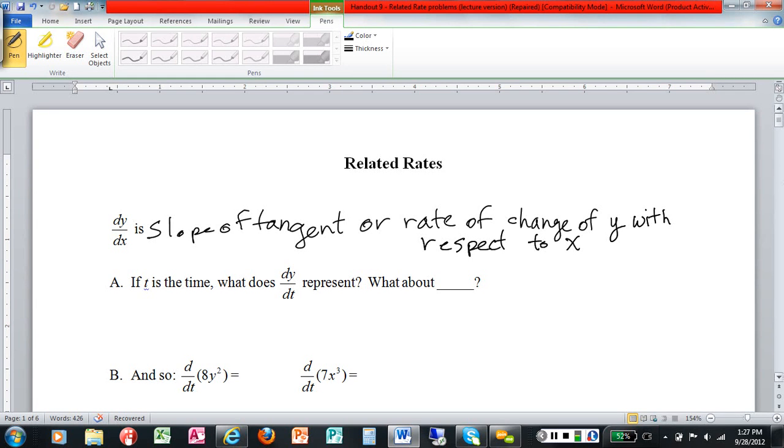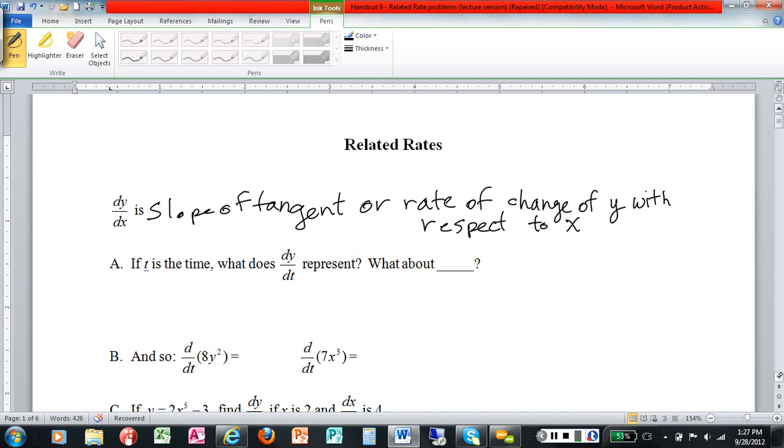Okay? But here's another thing. If t is the time, which we're going to be dealing a lot with next, what about dy dt? What is dy dt? Well, we still are talking slope of tangent, but since we're not doing dy dx there, it's dy dt.